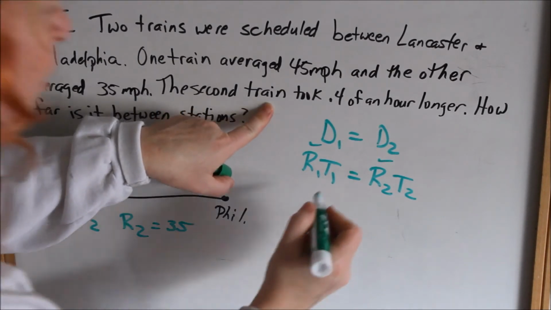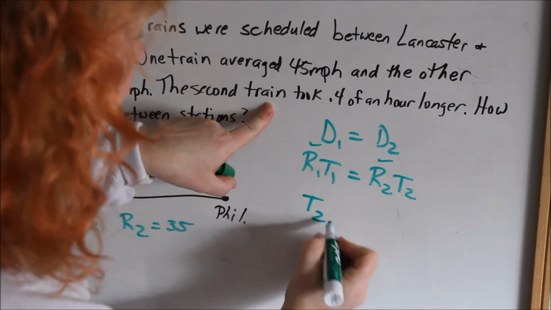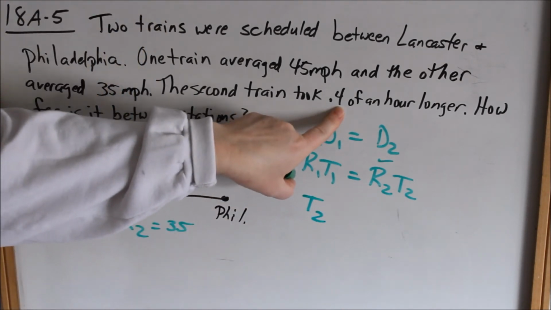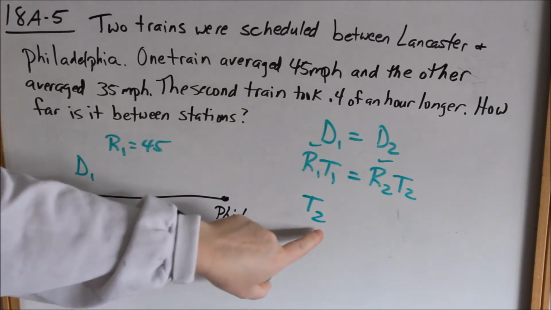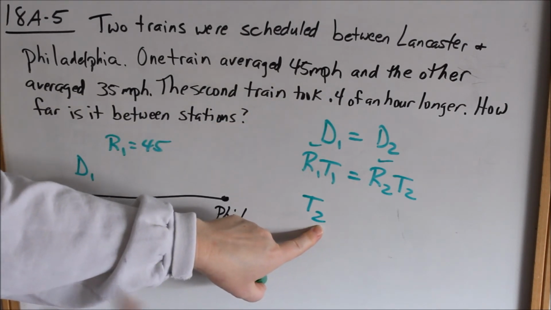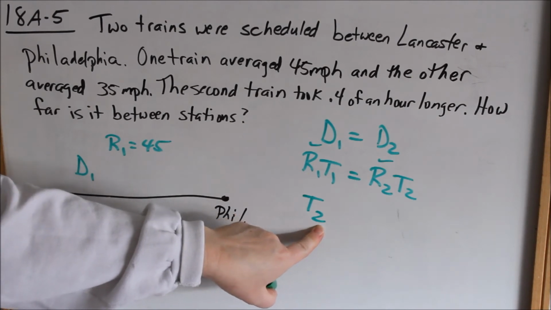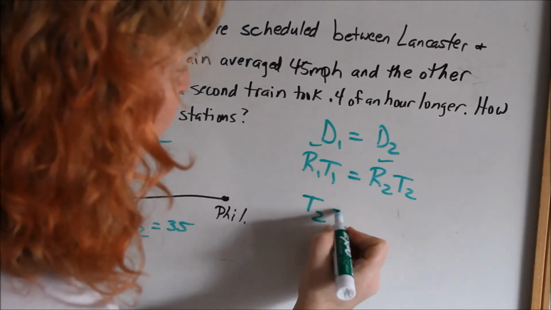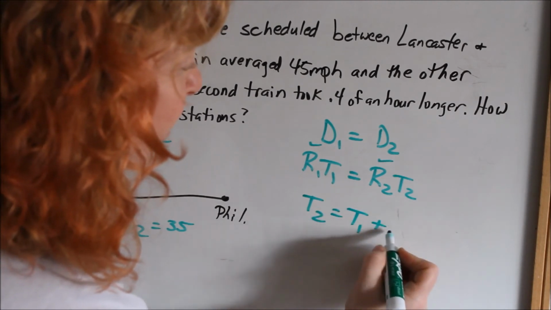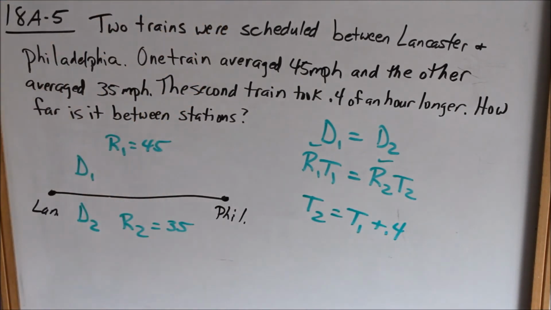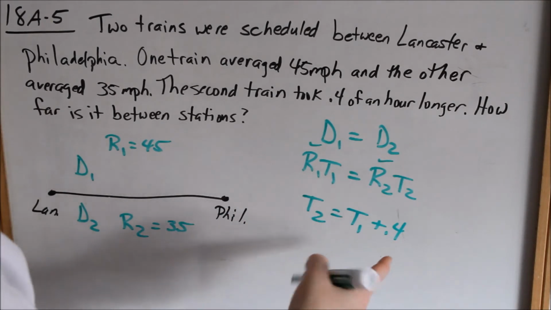So T2 took 4/10 of an hour longer than the first train. The second train's time should be longer, so T2 equals T1 plus 0.4.